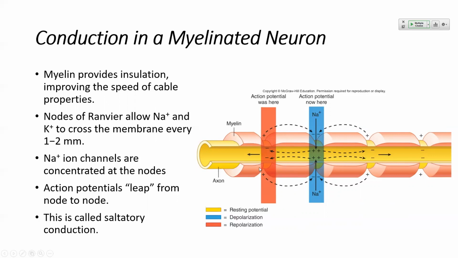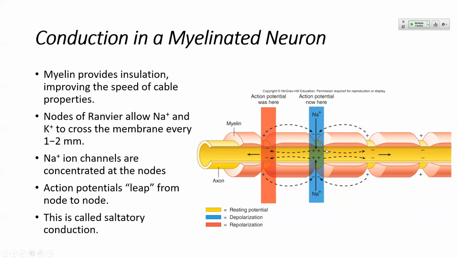And so the action potential, which was here, doesn't have to go to each of these spots. It's going to jump across this myelin sheath and on to the next node of Ranvier. Okay, so it basically leaps from node to node, and that is how we speed up the conduction via myelination. Right?